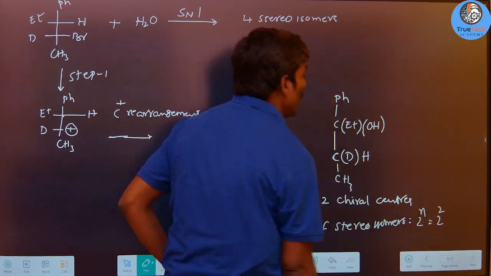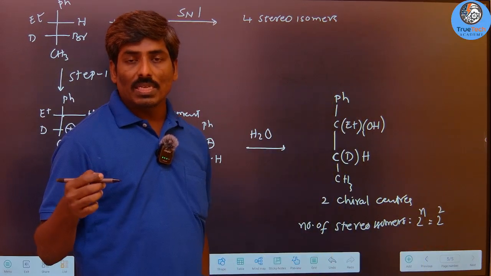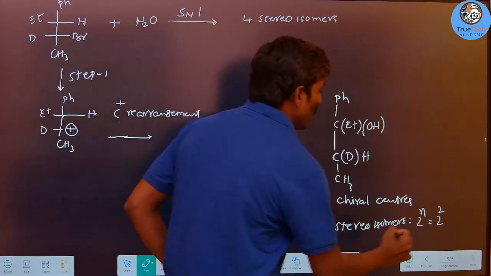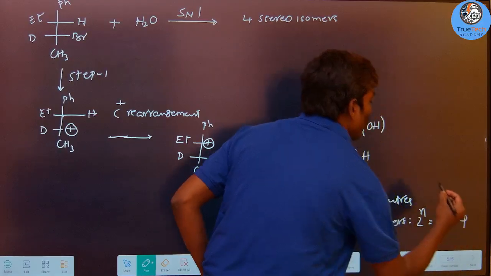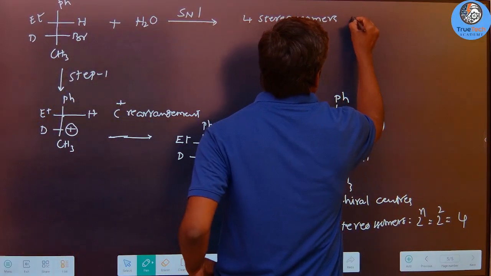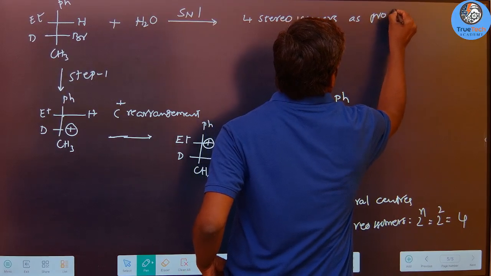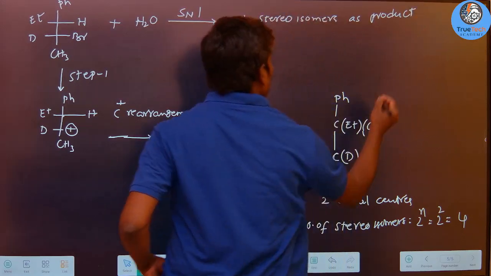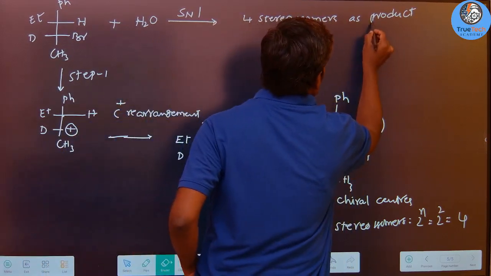Here n equals 2 because 2 chiral centers are present in the carbon. So then you are going to get 4 products, 4 stereoisomers as product.